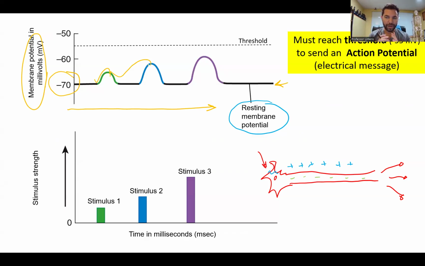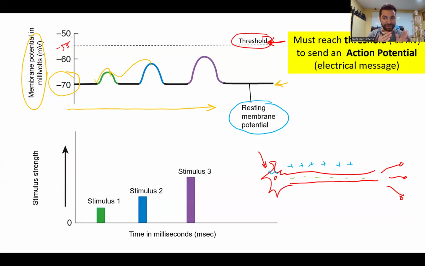A message will not be sent unless this charge reaches what we call threshold, right? And we'll dive into it. Threshold is at negative 55 millivolts. So the key thing here is you could tickle a neuron as much as you want, but unless the charge reaches threshold, it does not send a message.